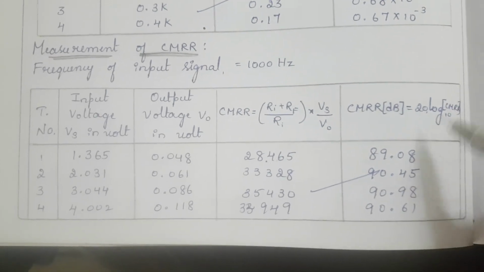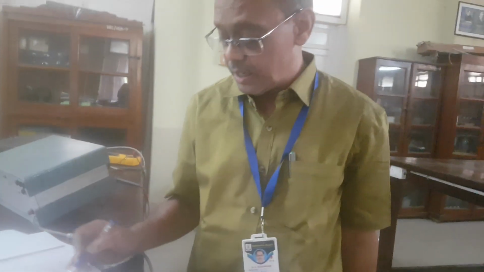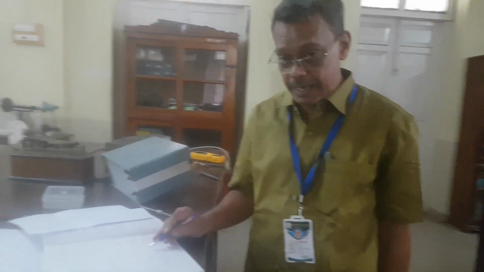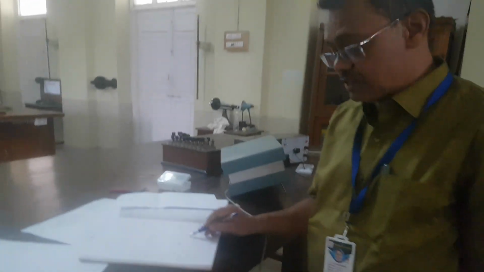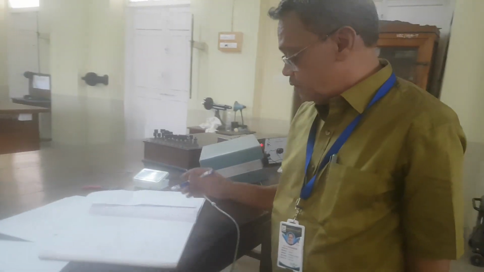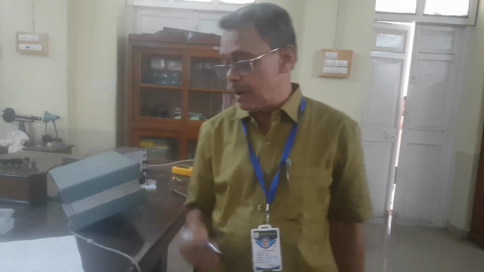If we take the average, we get the average CMRR for this particular op amp. Here we can select any frequency between 1 and 10 kilohertz. Here we have selected 1K, that is 1000 hertz, and we can perform this experiment to find out this very important parameter of the op amp, the CMRR, common mode rejection ratio. Common signals will be rejected.